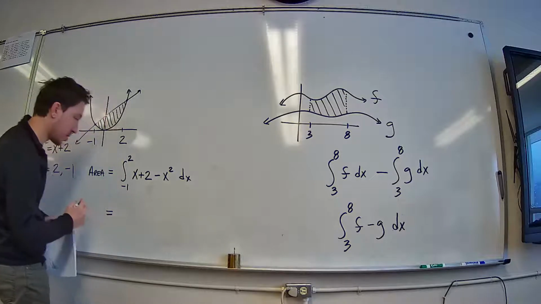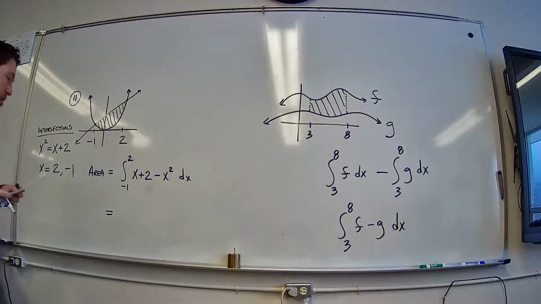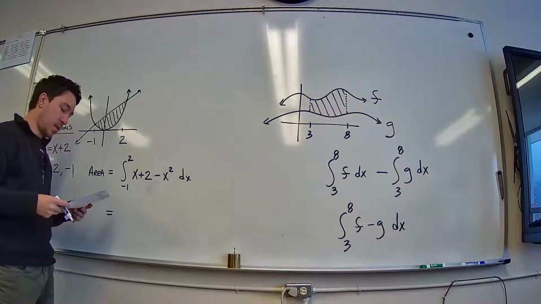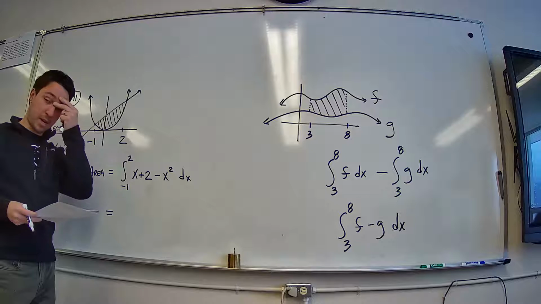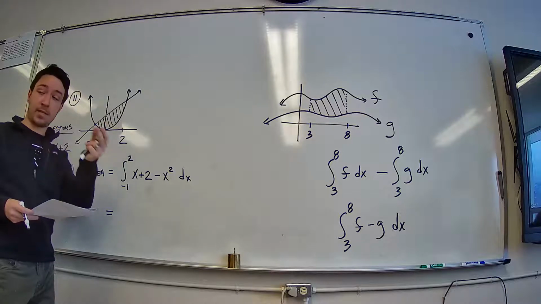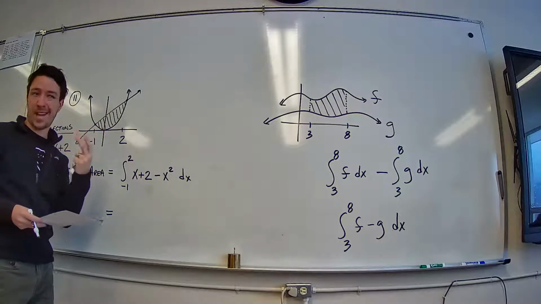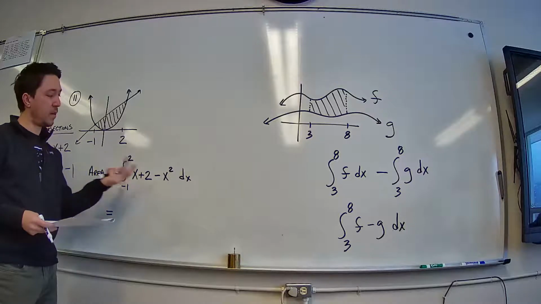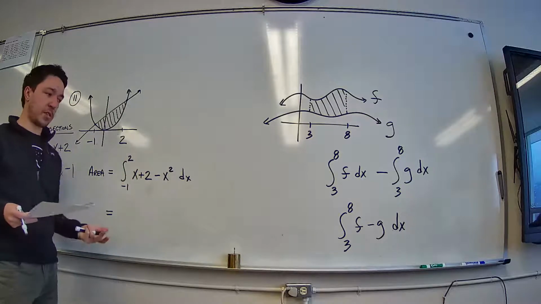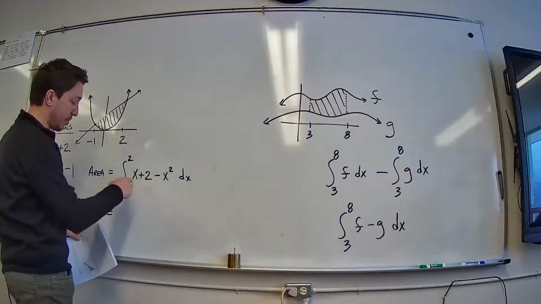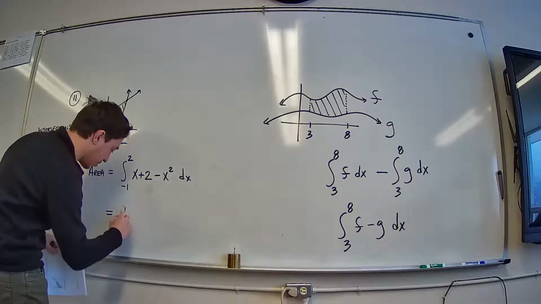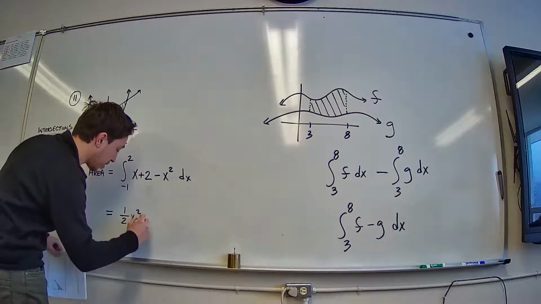And the calculation is, on some of these, when we get to the volume stuff, we're going to start maybe just saying set up the integral, because that's the interesting part. The calculation, once you've mastered these techniques, gets a little boring. But anyway, my integral would be, what's the integral of x? 1/2 x squared.